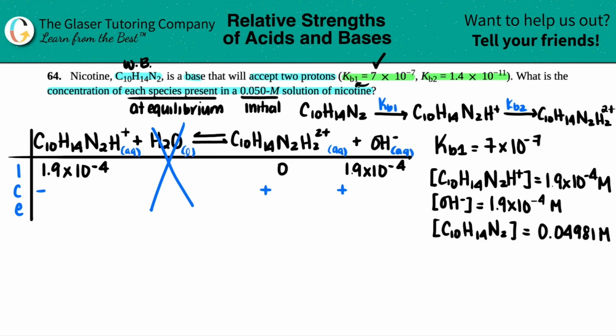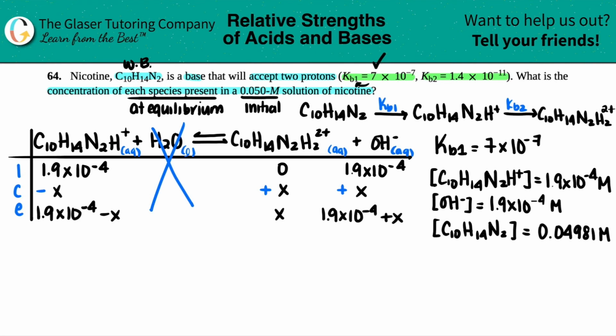Just like before, it's minus X, and plus X, and your equilibrium is your initial plus your change. So it's 1.9 times 10 to the negative fourth minus X. 0 plus X is just X. 1.9 times 10 to the negative fourth plus X. Beautiful.